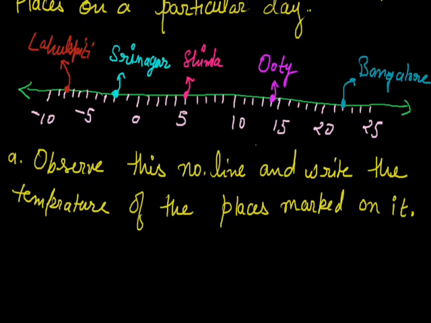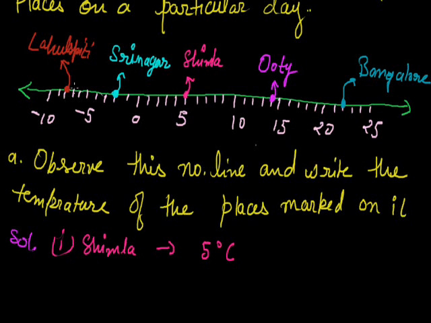Now we can easily see that Shimla has the temperature of 5 degrees centigrade since it is at the 5 unit from 0. So we can say that Shimla has the temperature of 5 degree centigrade.